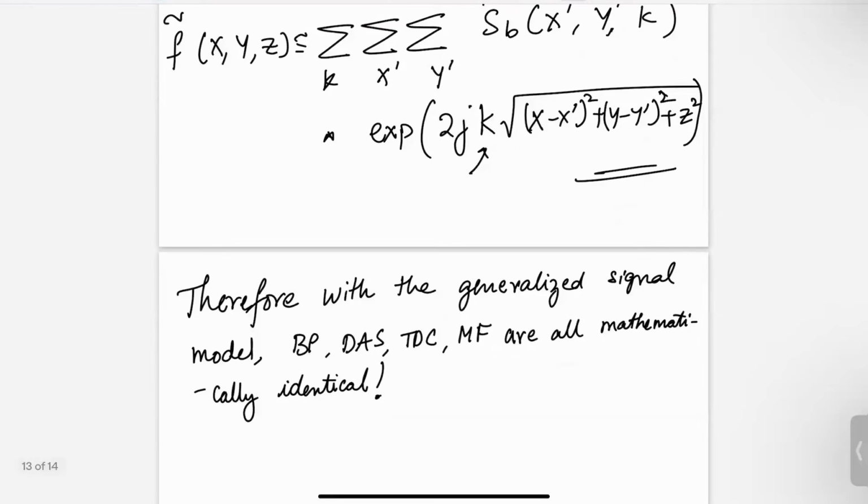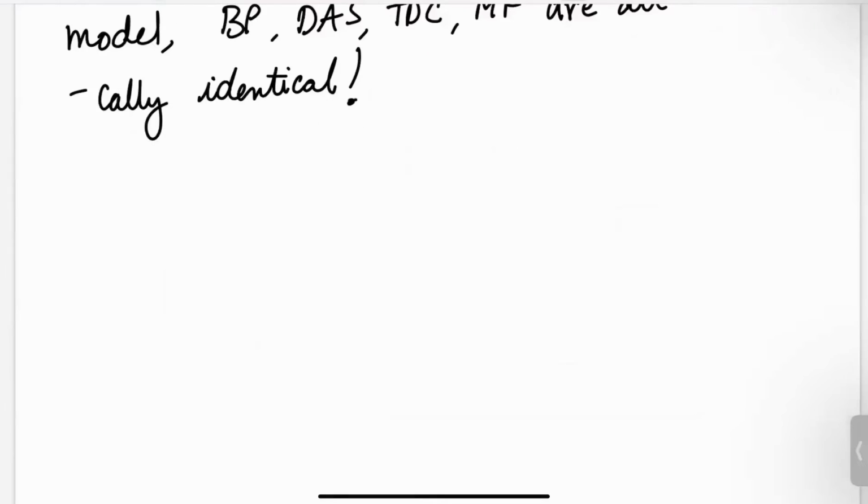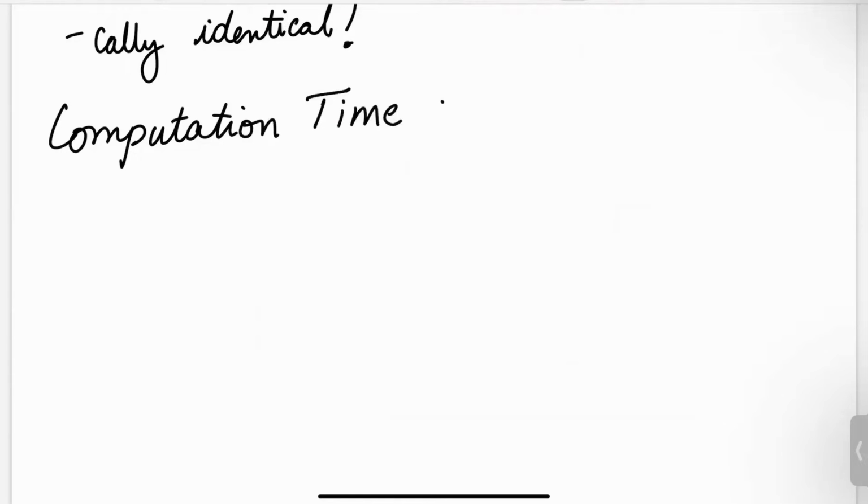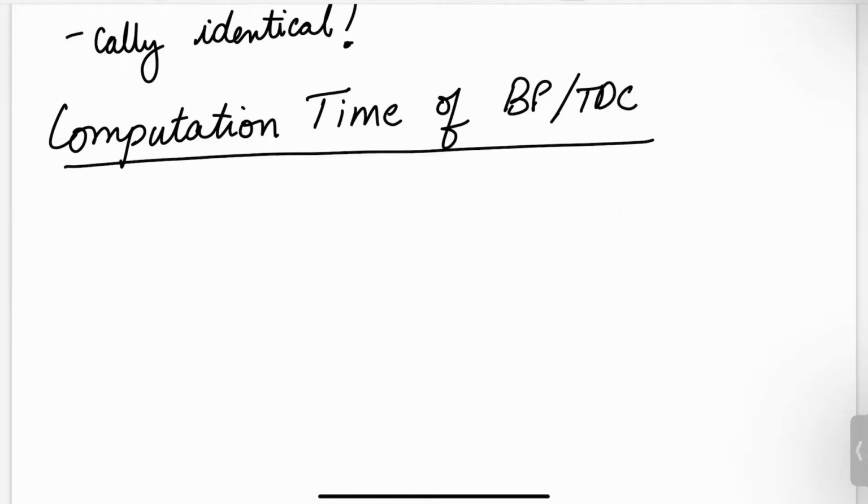Before we move on, I would actually like to spend some time to discuss. I know it's getting kind of long, but I think it's worth it, for those of you who are still watching, I guess. So what is the computation time of back projection slash time domain correlation, right?